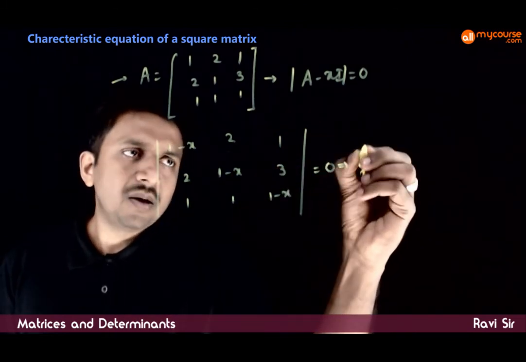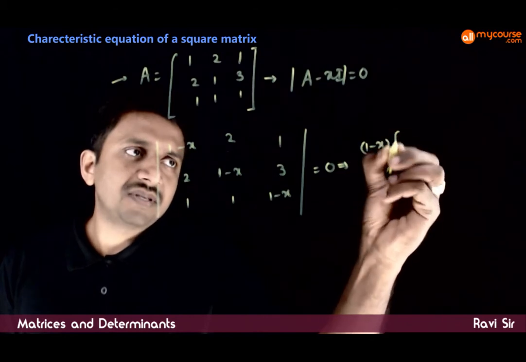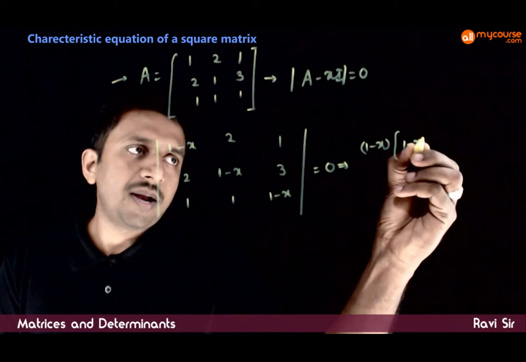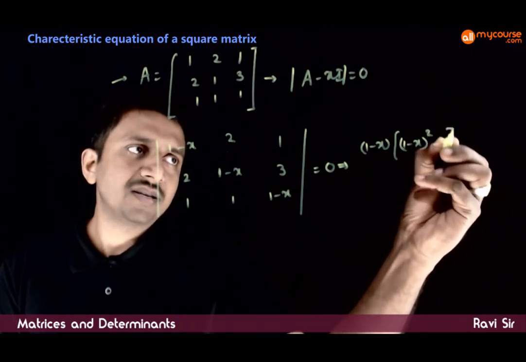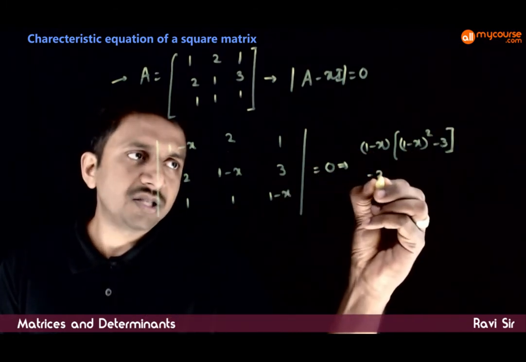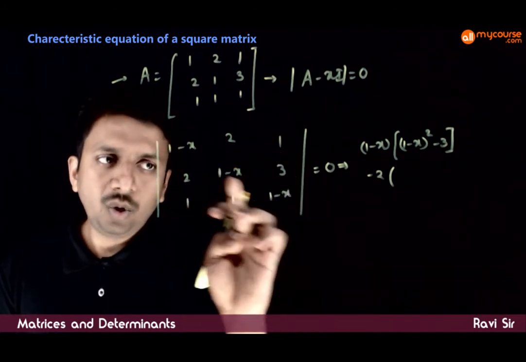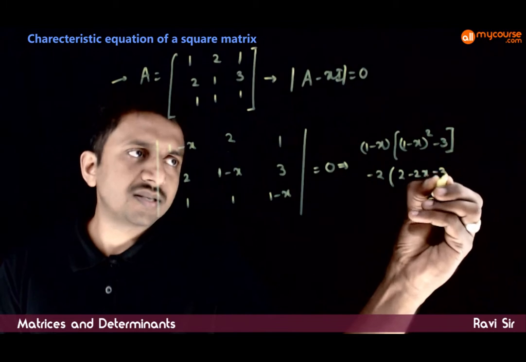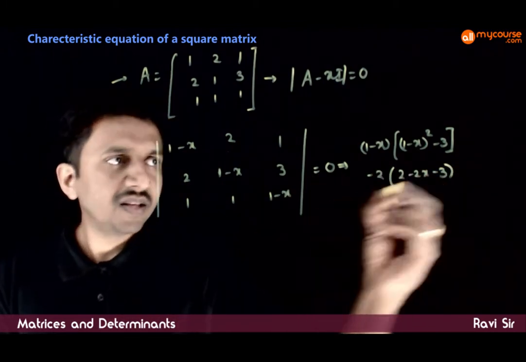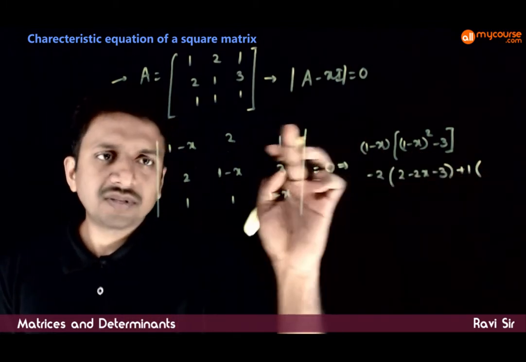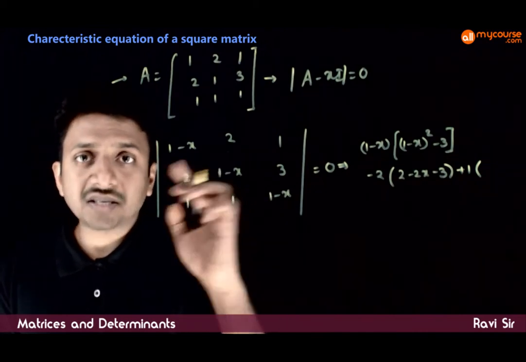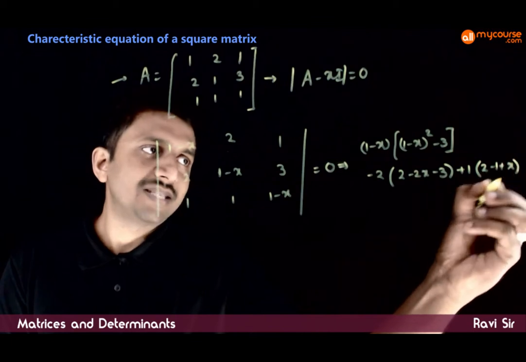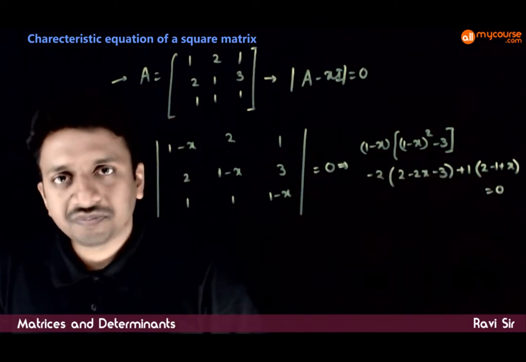So that is 1 minus x times (1 minus x) whole square minus 3, minus 2 times (2 minus 2x minus 3), plus 1 times (2 minus (1 minus x)), that is 2 minus 1 plus x, equal to 0.